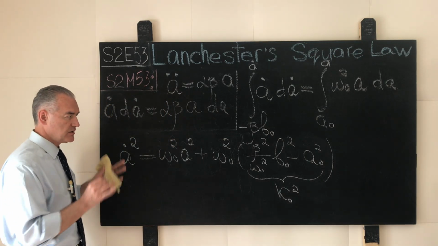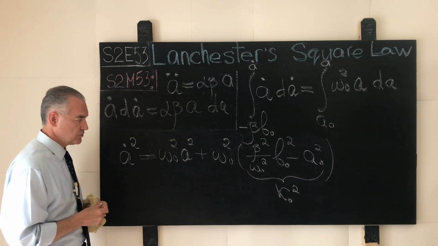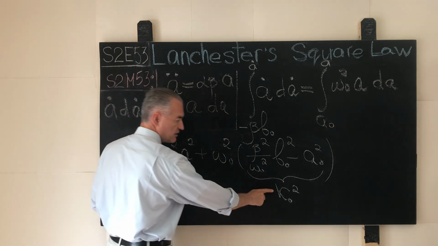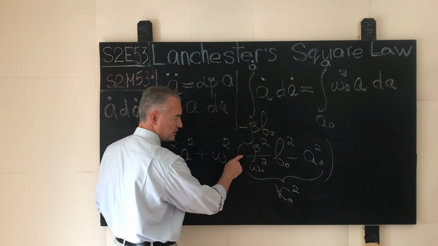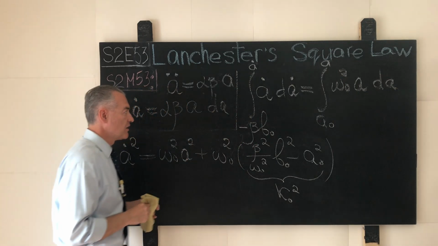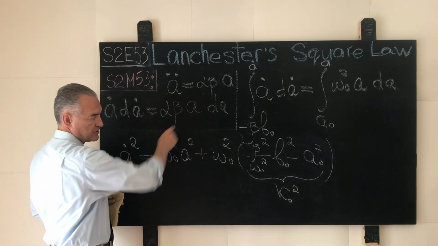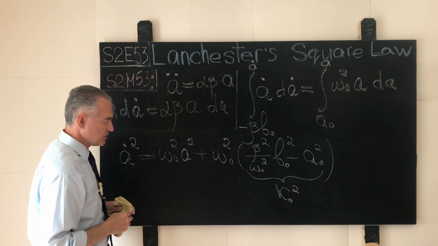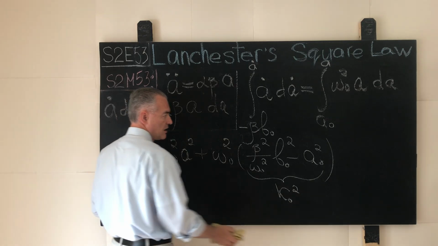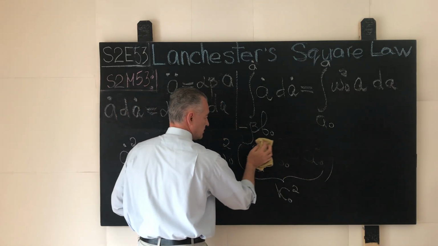It doesn't really matter. Another syntactic sugar device, if you will. Write this down: k0 squared equals this expression. We will come back to it and unwind it once we recover the shape of the function a as a finite combination of elementary functions in the argument t. But for now, we simply write it like so.